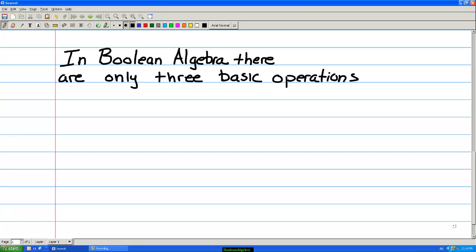There's no square roots, imaginary numbers, exponents. There's just three basic operations.